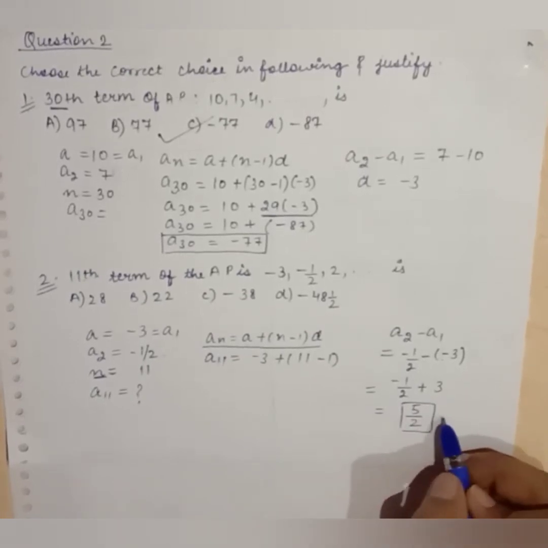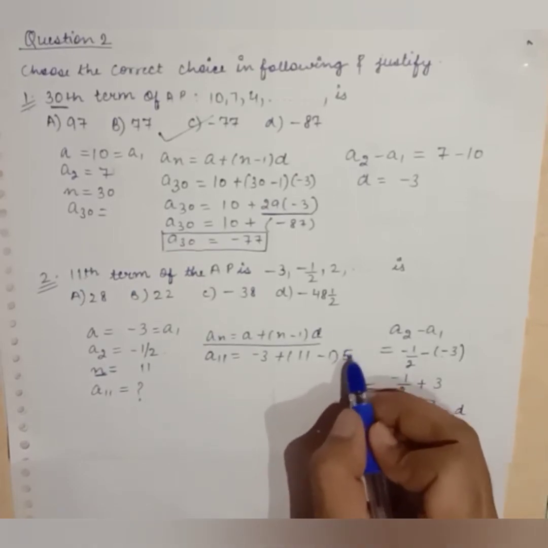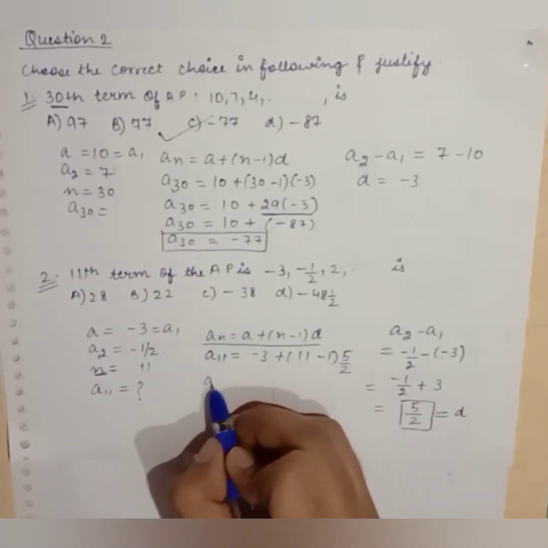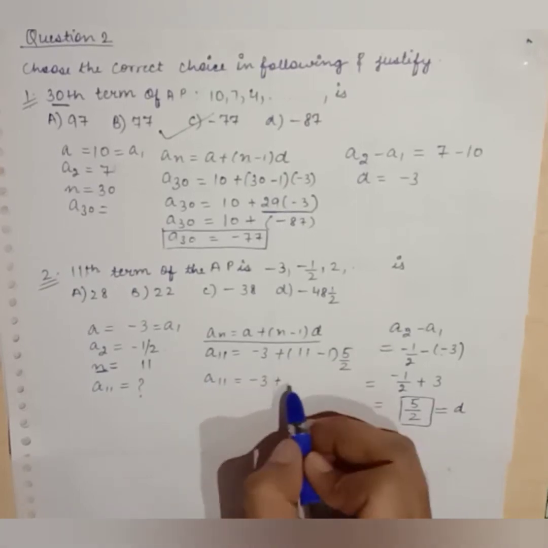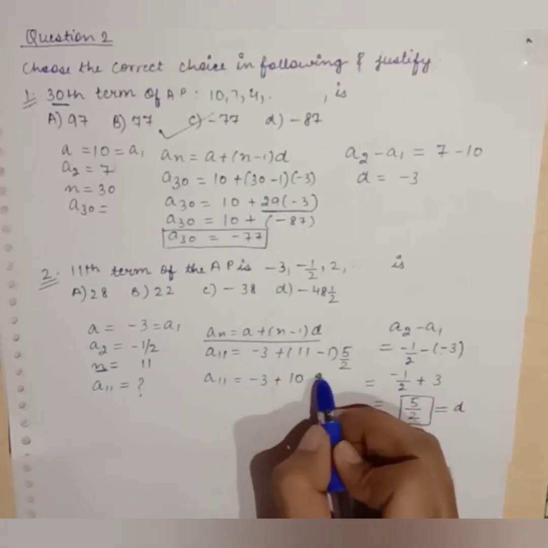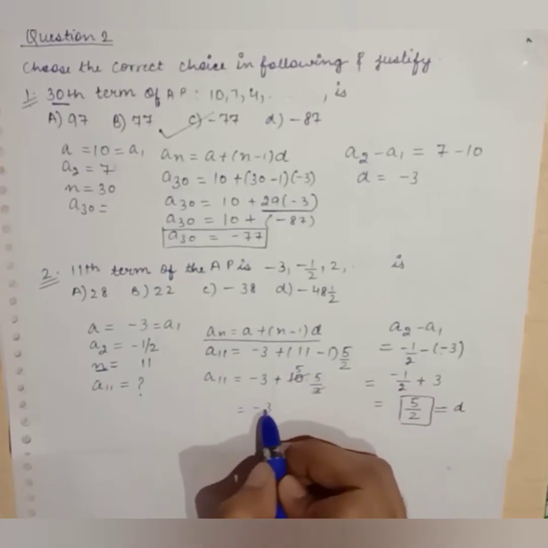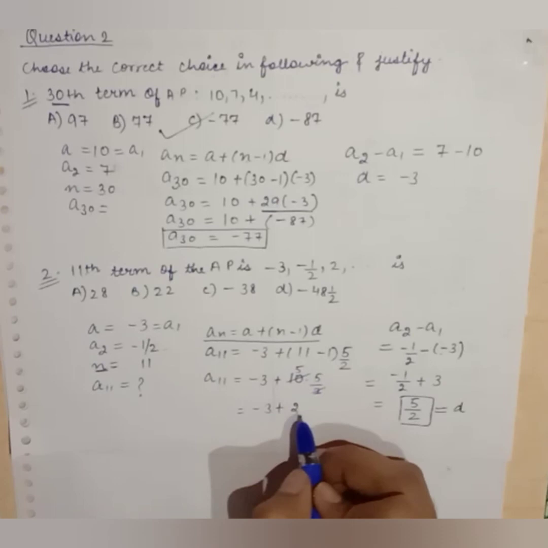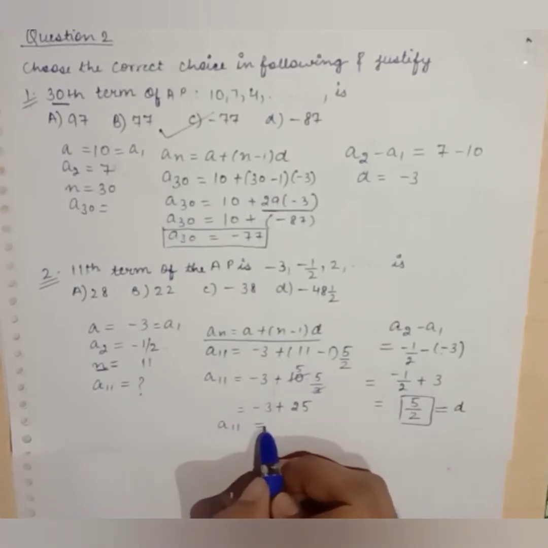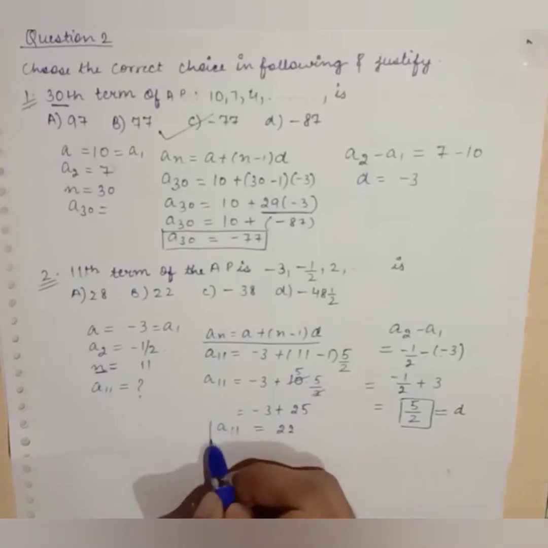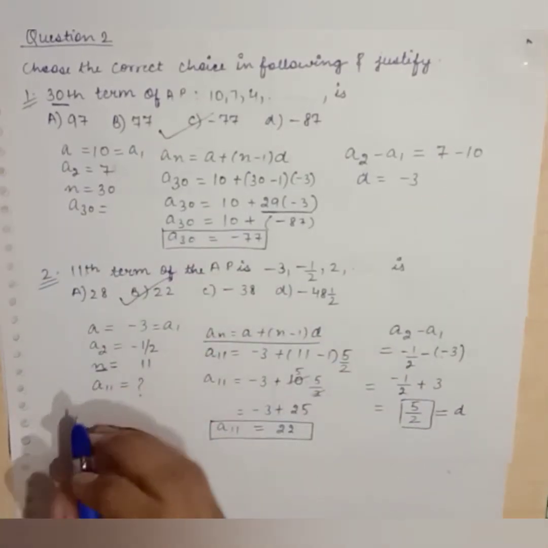Our common difference is 5/2. So we write here 5 divided by 2. a11 is minus 3 plus 10 into 5/2. Minus 3 plus 25. We get the 11th term is 22. So our B option is correct.